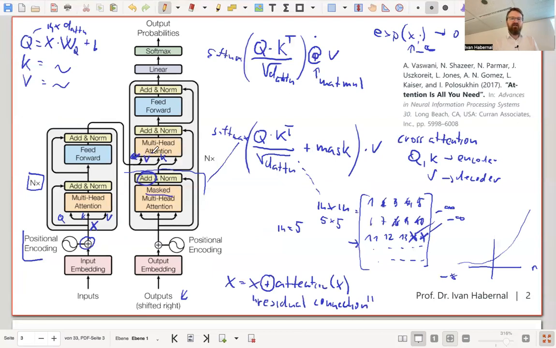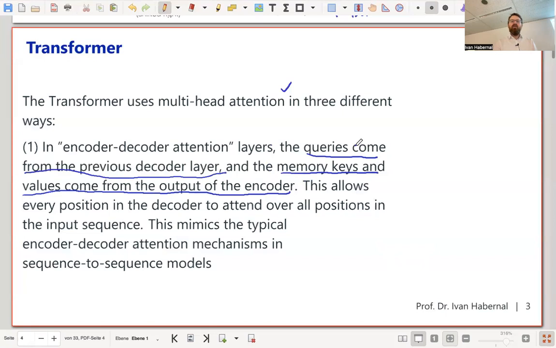Keys and values come from the encoder, and the query comes from the decoder. Yeah, that's a mistake. Queries come from the previous decoder layer, and the memory keys and values come from the output of the encoder. It's clarified now. I just mixed up the Q, K, and V.